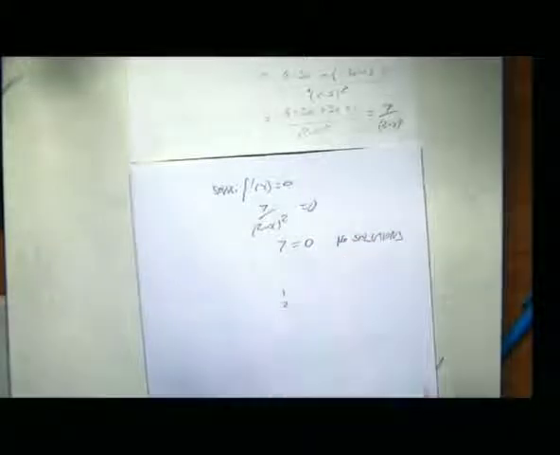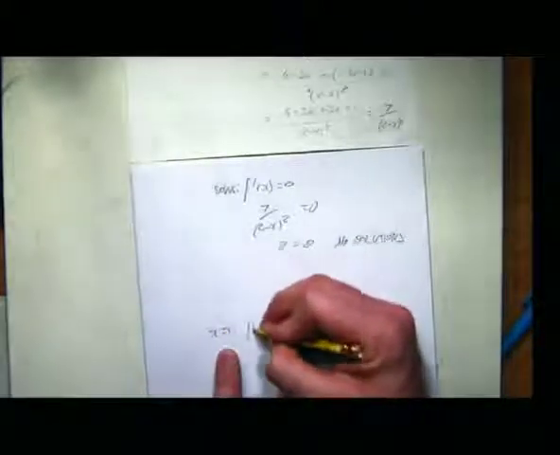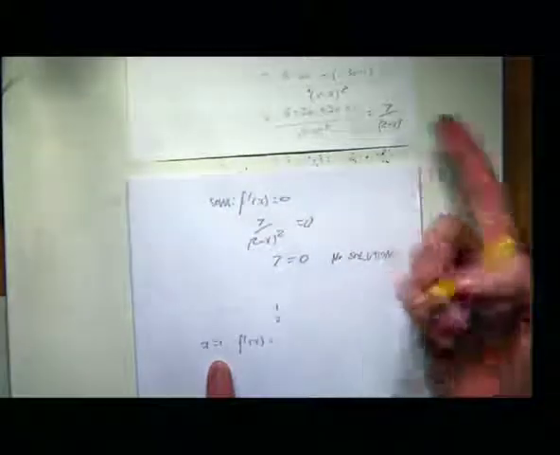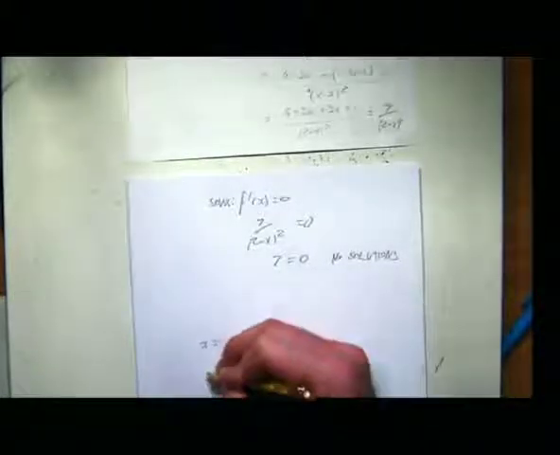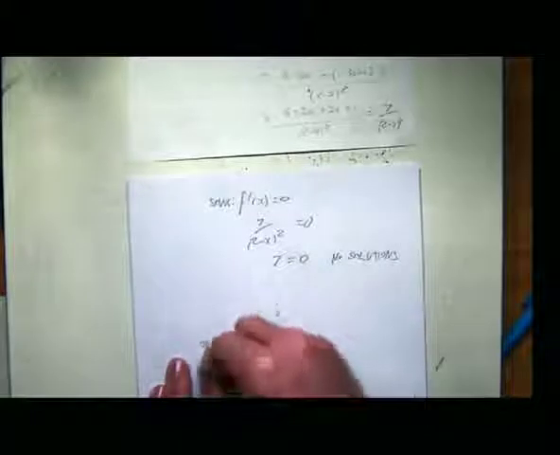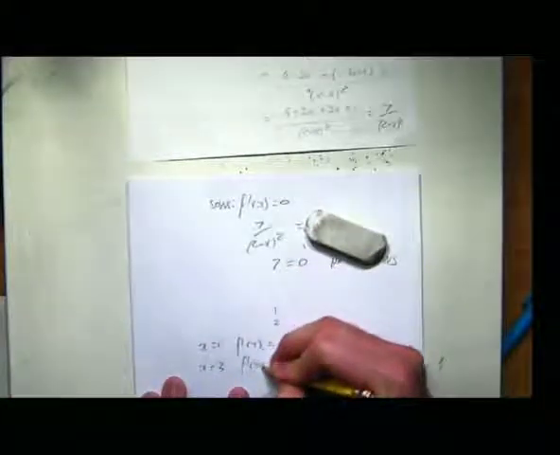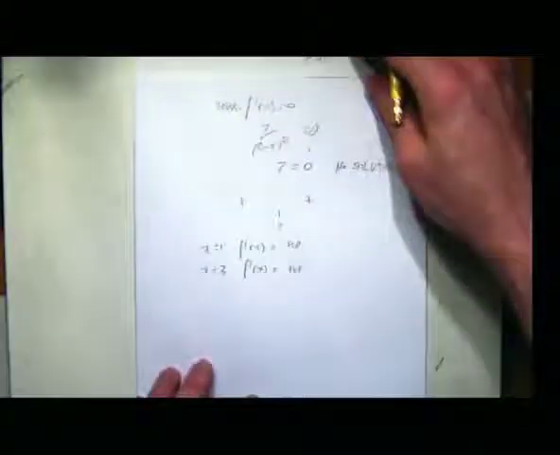So when x is equal to 1, f dashed x would be positive. It's always positive, basically. When x is equal to 3, we're going to get f dashed x equals positive because it's always positive. Okay, so cool. We can now finish our sign diagram.